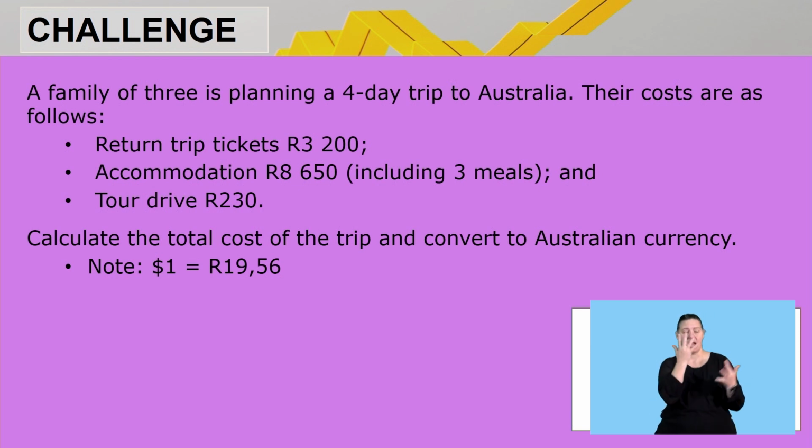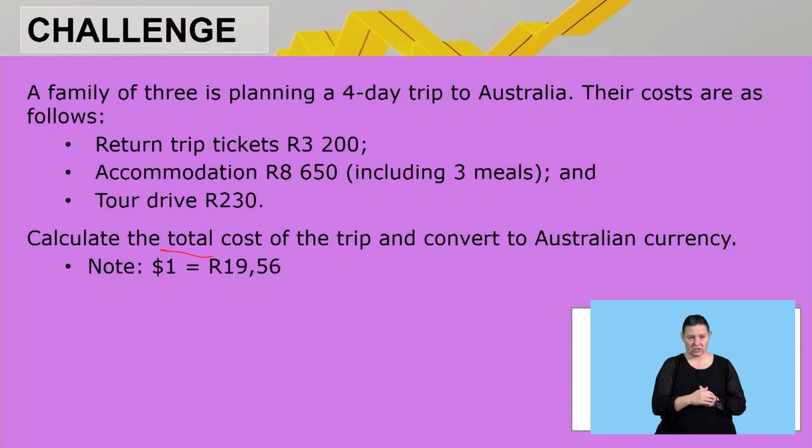So you are to calculate the total cost, meaning the total amount that they'll be paying for the entire trip, and that total amount needs to be converted to Australian currency. So now, firstly, remember, you need to look at the converting factor or the given exchange rate in that particular moment. And you must also again check the ticket amount.